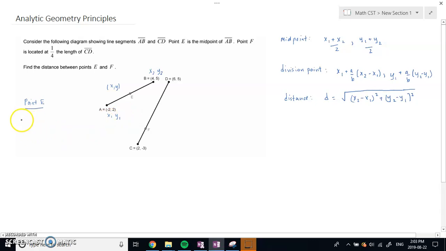So I'm going to employ the formula where we average the values of x. So -2 plus 4 divided by 2. And for the y value, we're going to do the exact same thing.